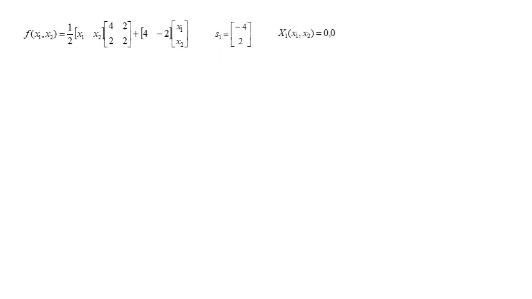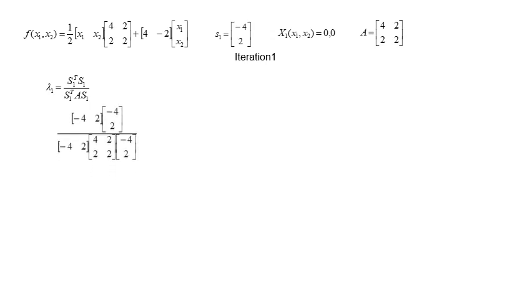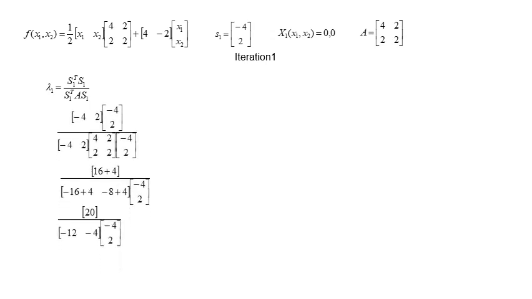Now use the computed value of matrix A and the negative gradient S1, computed at x1 equal to 0 and x2 equal to 0, for computing lambda as follows. Lambda 1 is equal to S1 transpose into S1 divided by S1 transpose into A into S1. Thus lambda 1 is equal to a half.